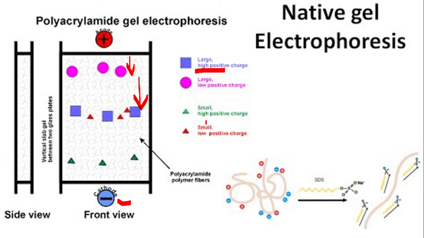Small high positive charge molecules are the fastest and they reached here, while small and low positive charge molecules are somewhere in the middle. So based on size and based on the magnitude and the type of the charge, they are separated.